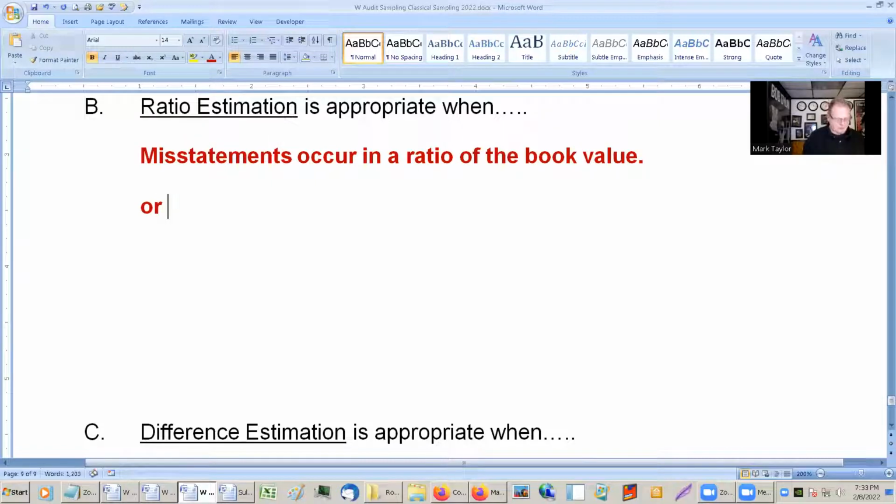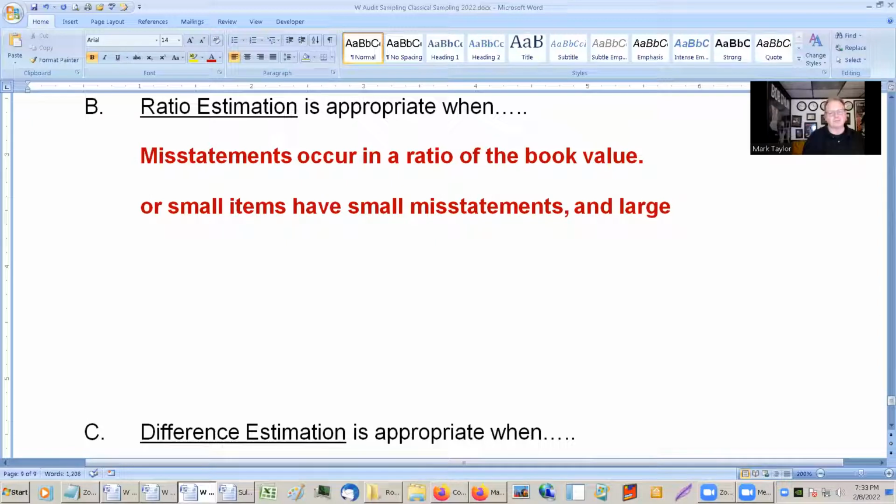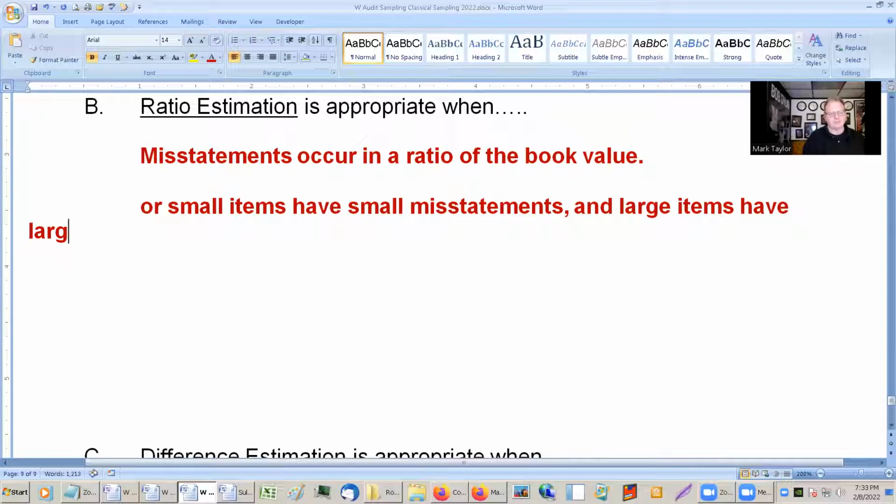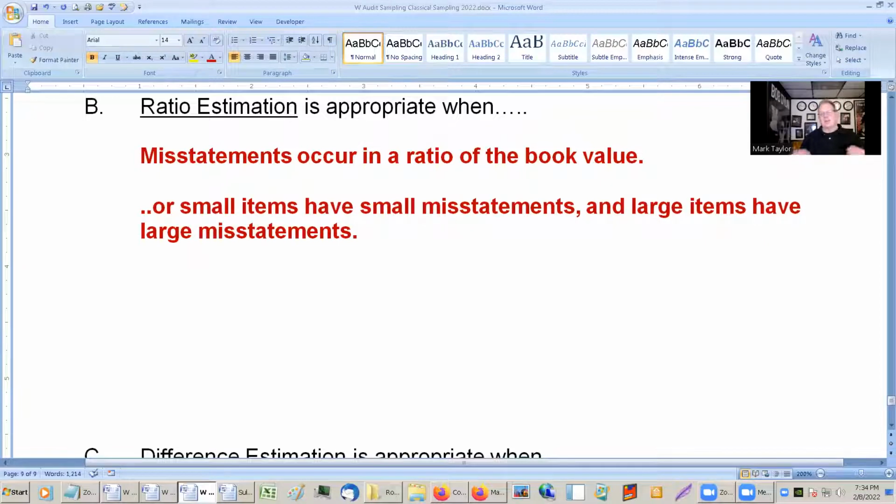Or another way of saying it, it's kind of the same thing. It occurs in ratios. In other words, small items have small errors, big items have bigger errors.